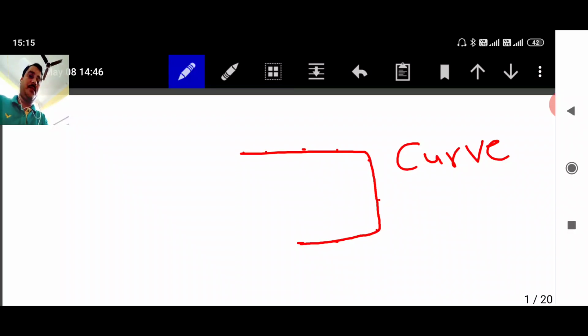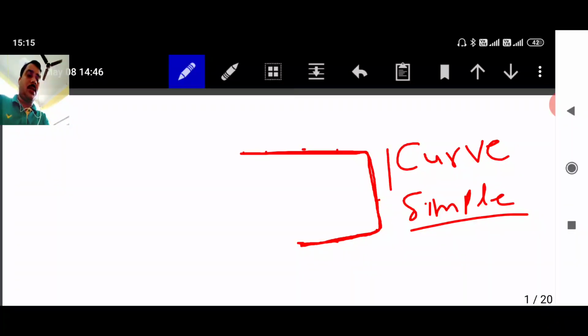This is a curve. It is also simple because if a curve does not cross itself, it is known as simple. Here no portion of the drawing is retraced, so it is simple.